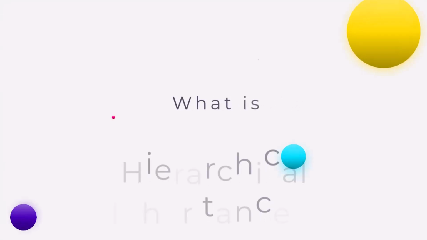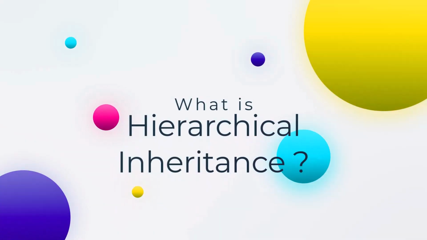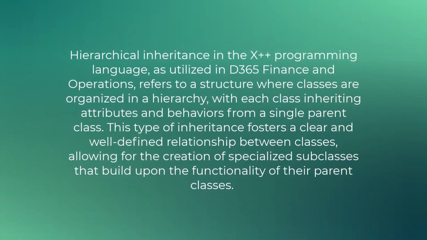If someone asks what is hierarchical inheritance in the X++ programming language, you can say that as utilized in D365 Finance and Operations, it refers to a structure where classes are organized in a hierarchy, with each class inheriting attributes and behavior from a single parent class.